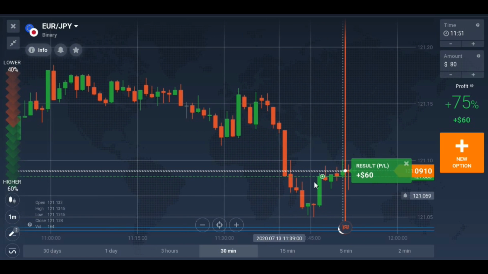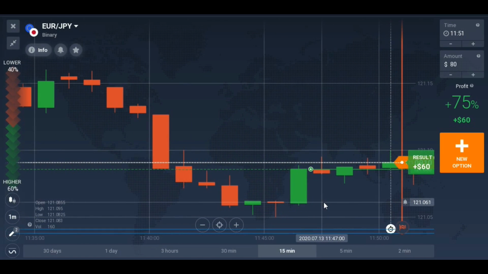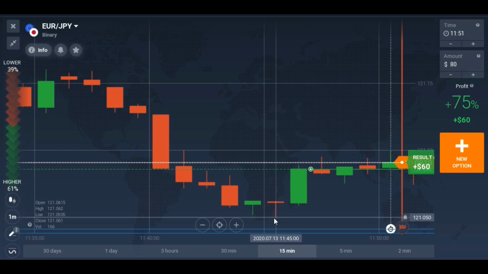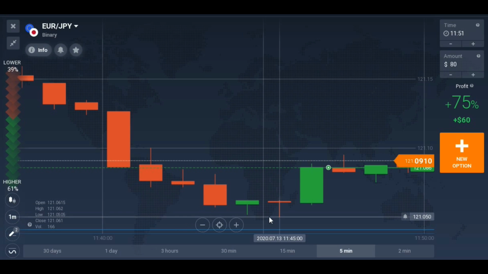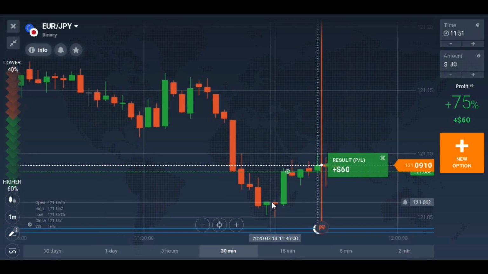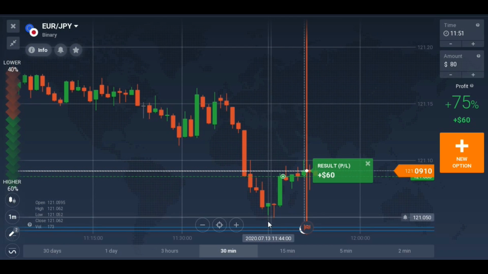But if you look carefully, you will find out that there is a whole number that was creating a strong support level. So the point is 1.050, which is also a whole number, and that's why it was working as a support level.